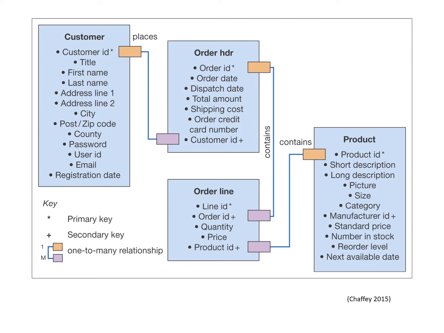And then again, you've got further databases, sub-databases, like the order line. The order line in terms of what was ordered, what quantity was ordered, what was the price paid, what was the product ID. And again, what links the order handling to the order line is the order ID.